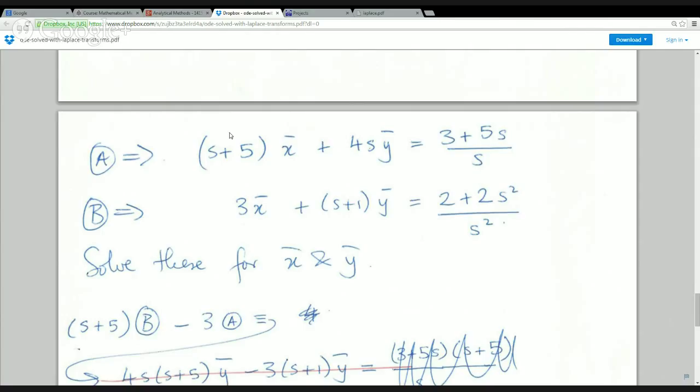But we've got y of t here, and there's going to be no trouble at all to work out y of t and dy dt. So that was dy dt plus 3x plus y equals 2t.